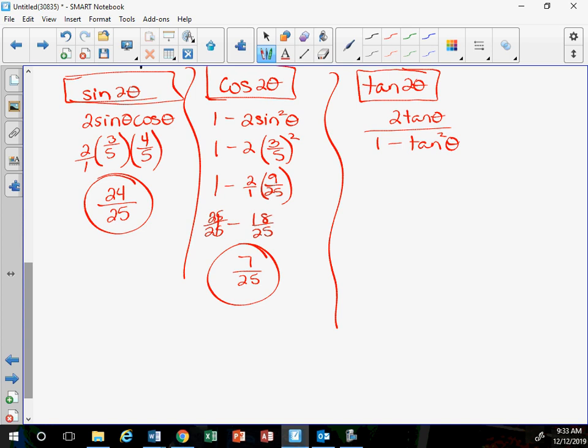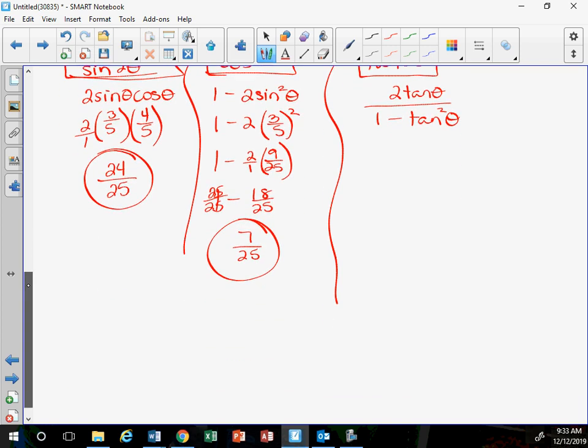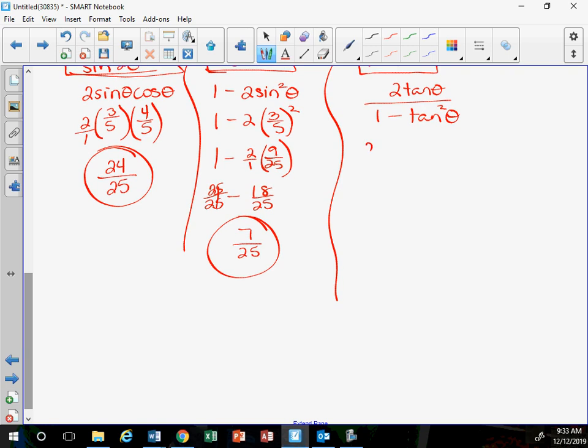You know, fractions and fractions, but we'll get there. Looking at your triangle, what is the tangent of theta? 3/4, okay. So I have 2 times 3/4 over 1 minus 3/4 squared.